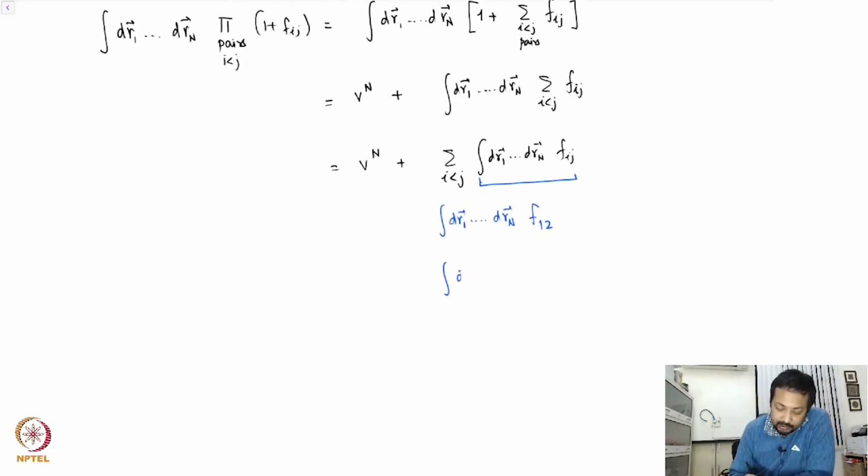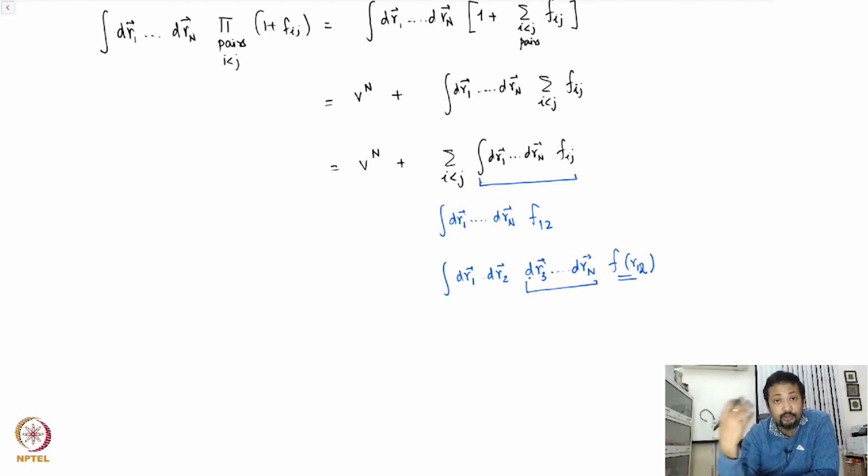Here I can clearly separate out dr1, dr2, and the rest of the integral, dr3 all the way up to drn, of f of r12. This f function does not depend on the other coordinates 3, 4 all the way to n. So this can be integrated out and all of this is going to give you a volume V.